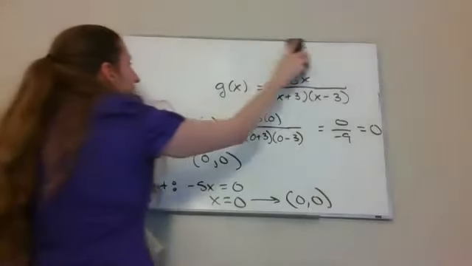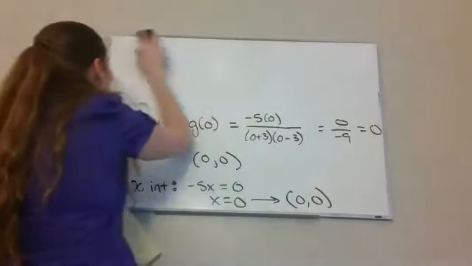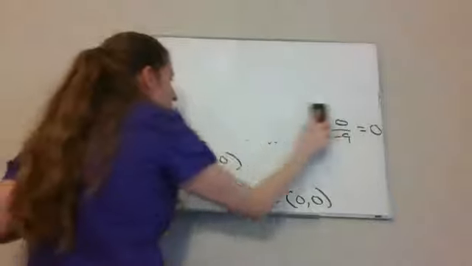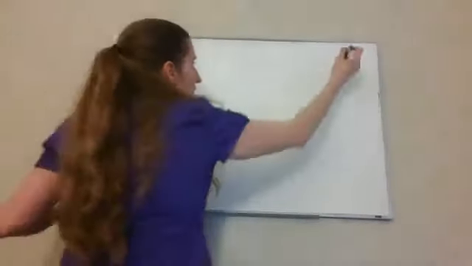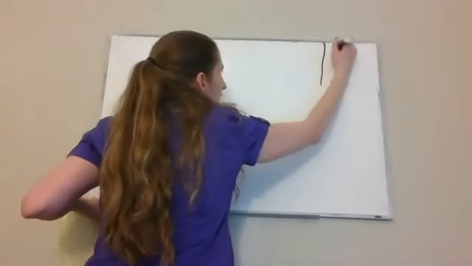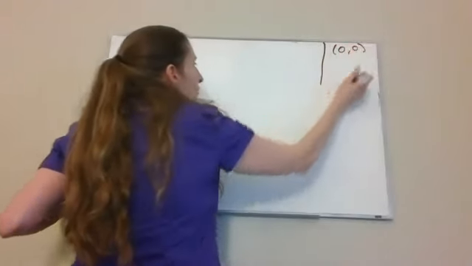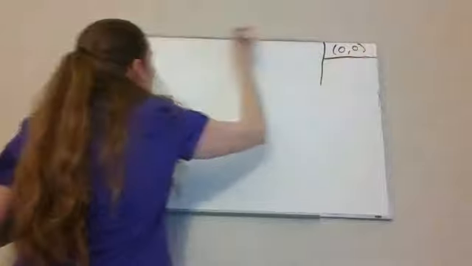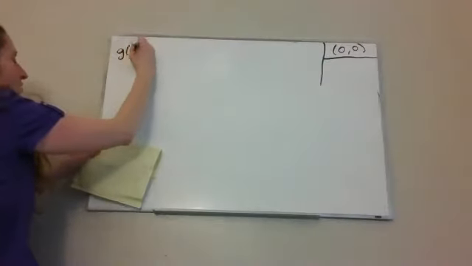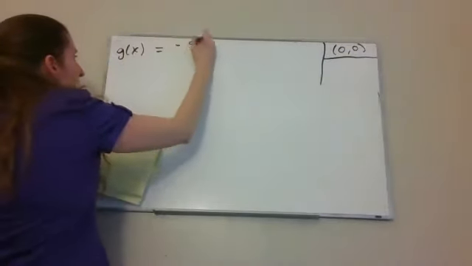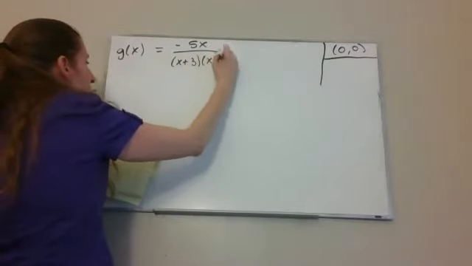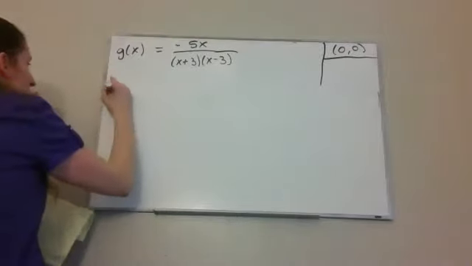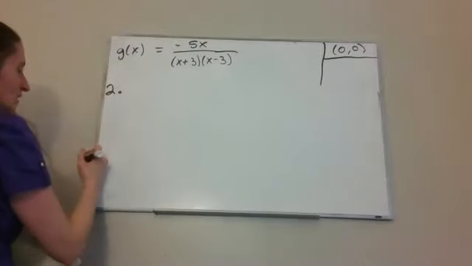Now, I need to find all of my asymptotes. So up in this upper corner, I'm going to keep track of all the things that we find. So far, I have a point at 0, 0. Let me rewrite my function, we had negative 5x over an x plus 3 and an x minus 3. So step 2 is finding all of our asymptotes.